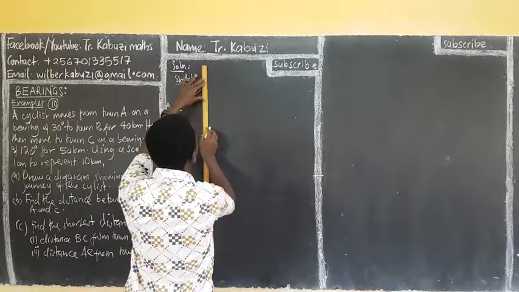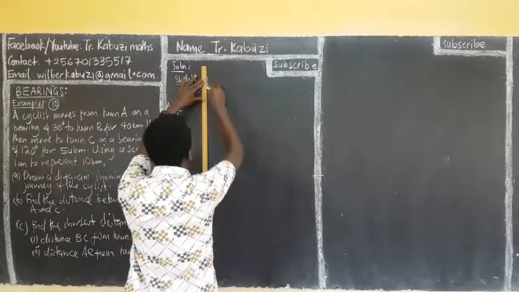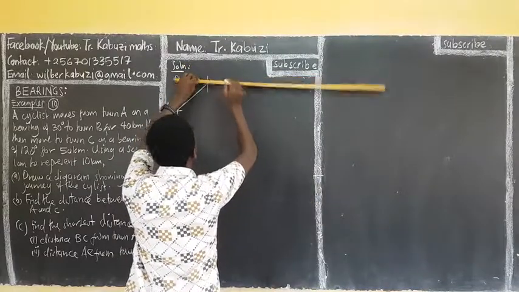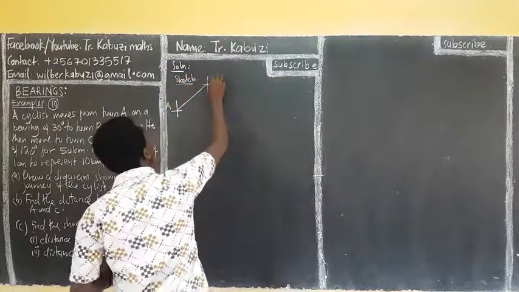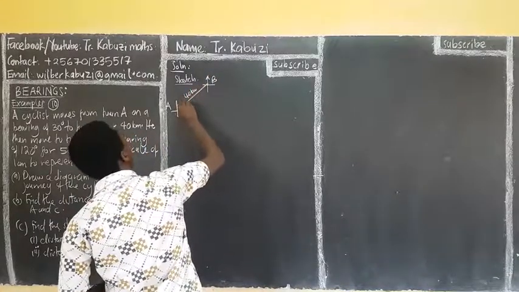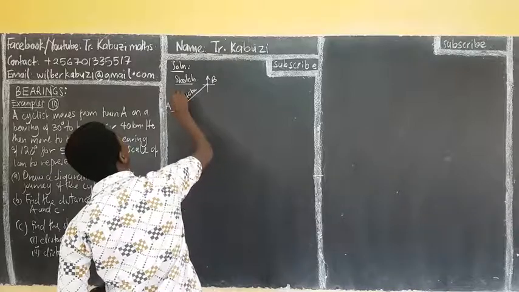When I finish the 40 kilometers, I'm going to come to town B. This is my town B, where this is 40 kilometers and this is 30 degrees.